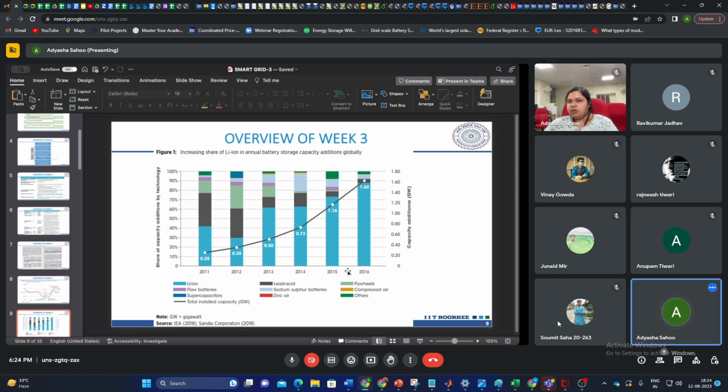As we were discussing, there was a decrease of about 80% in their cost. Their share has increased rapidly, reaching up to 90% of the total energy storage technologies. So leading we have lithium ion, some lead acid batteries, some sodium sulfur batteries, and the rest 4 to 5% are other different types of energy storage.